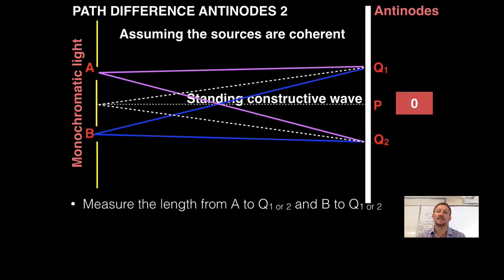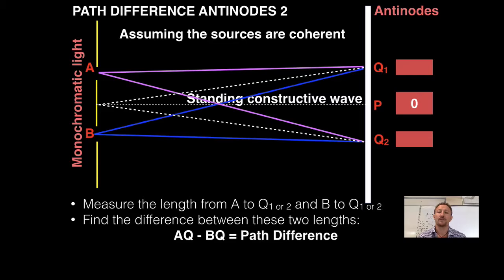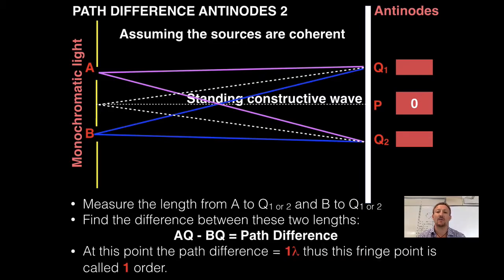But what we notice is that for this second fringe that is going to be produced, the path difference is going to be equal to 1 wavelength. Okay? Remember, it's not equal to 1, it's equal to 1 wavelength. Now, you may be given the wavelength in a problem, and let's say the wavelength happened to be 2 meters.